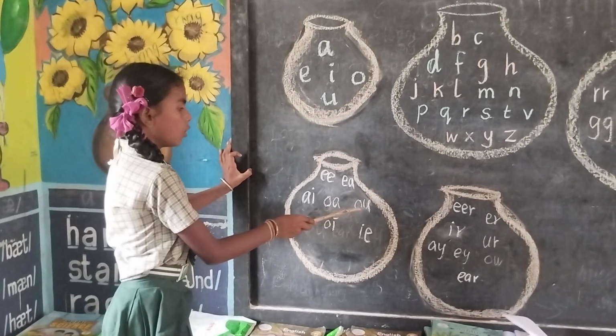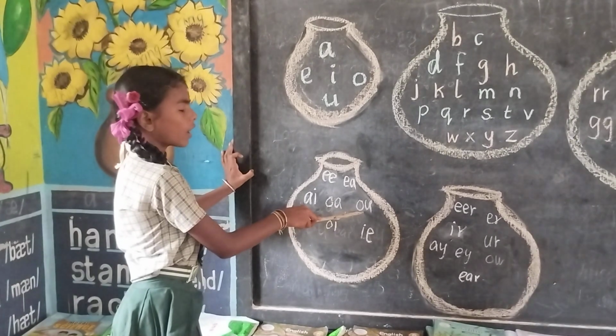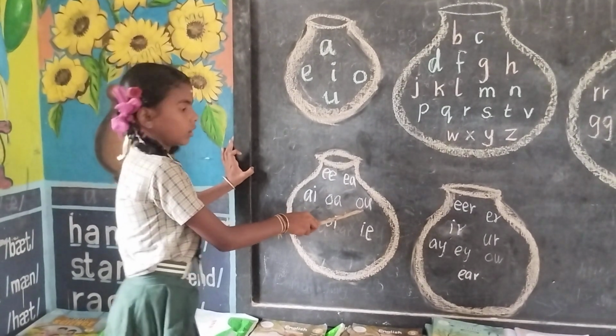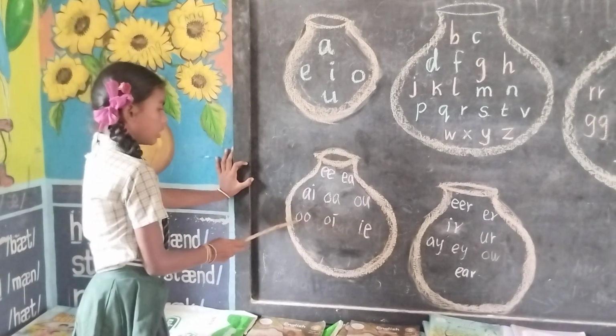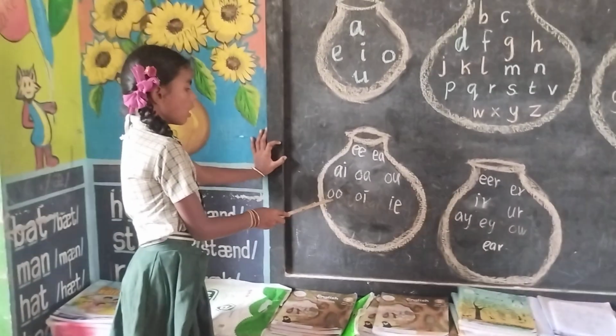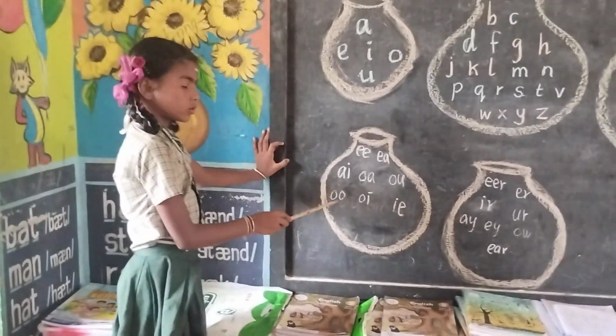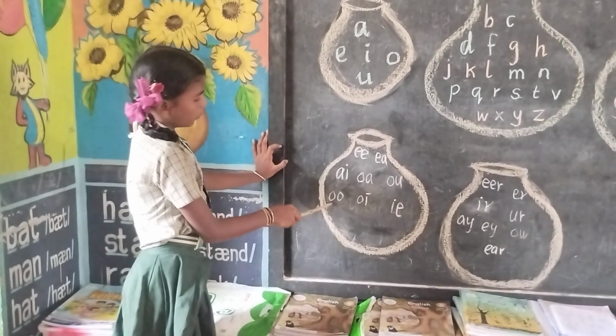The letters OU as the sound "ow". For example, soap, ground, sound. The letters OO have two sounds. Good.